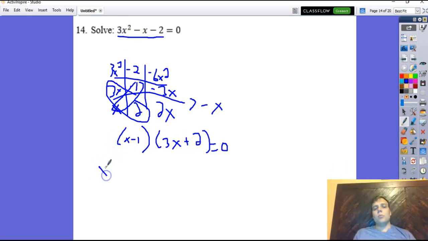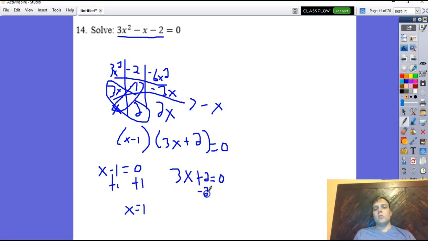Now I can set each parenthesis equal to 0. So x minus 1 equals 0. So I need to solve for x, so I add 1 to both sides. And I get x equals 1. 3x plus 2 equals 0.